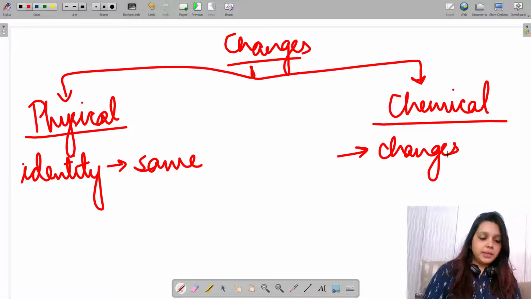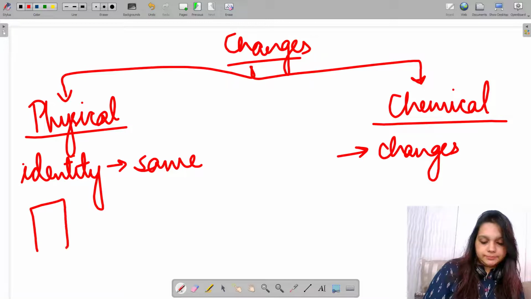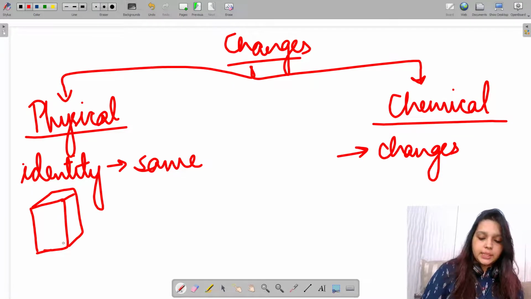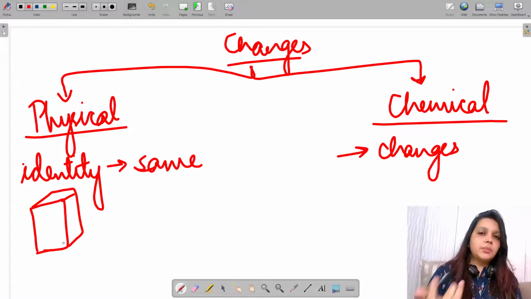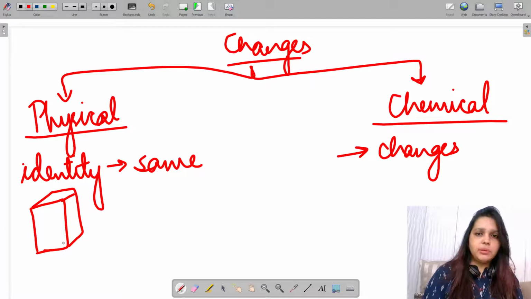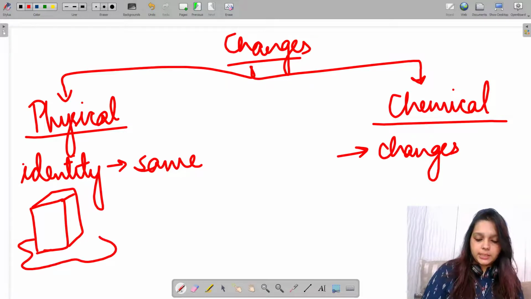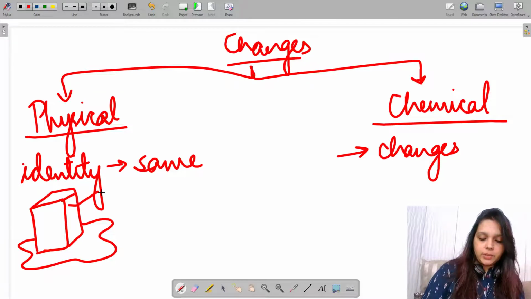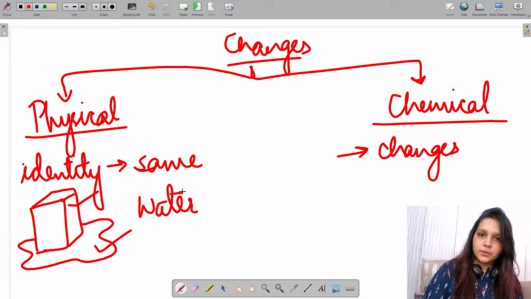To understand this better, let's take an example of maybe ice, right? Supposedly the ice is melting, a simple change that is happening. So when the ice melts, it converts into water, right? Whether I take the solid form or the liquid form, both of these are just forms of water.